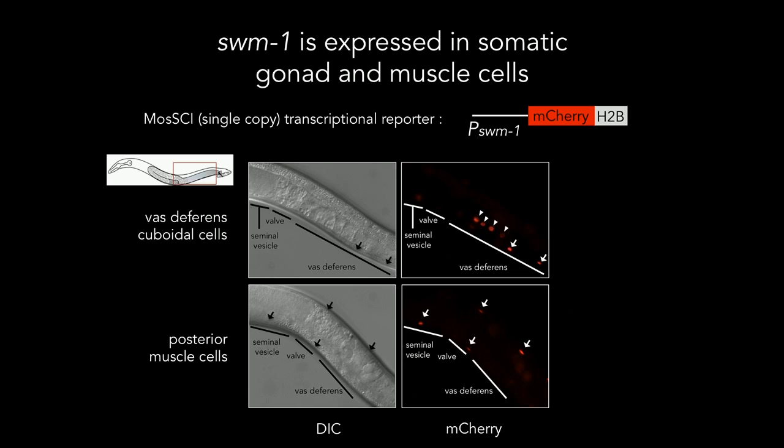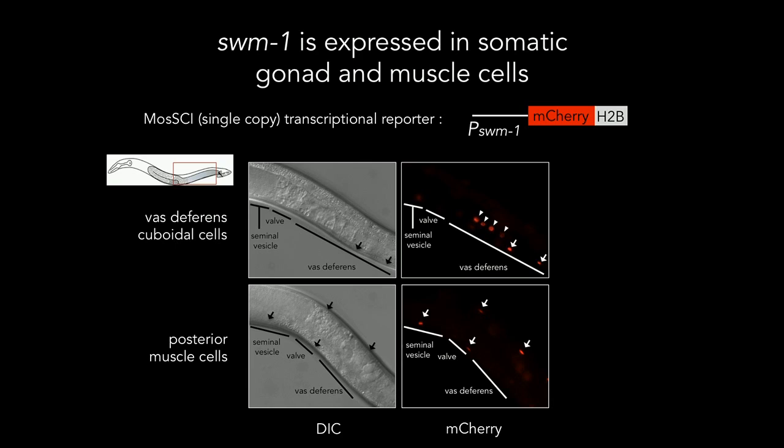Any other questions? Oh, yep. Yeah, sure. If you take your muscle-specific line that's rescued and made it to a hermaphrodite that's null, do you get any phenotype that would reveal some requirement for that vas deferens source? Yeah, so I have not specifically done that experiment.